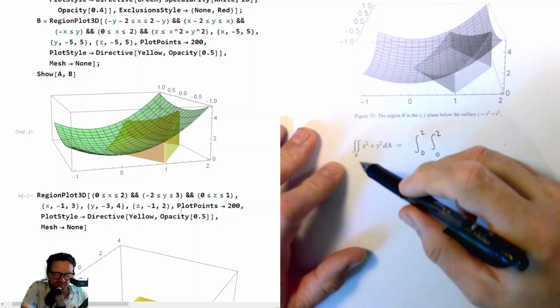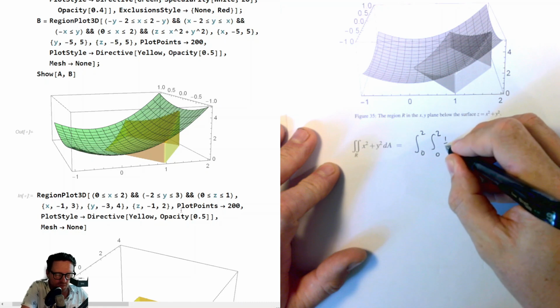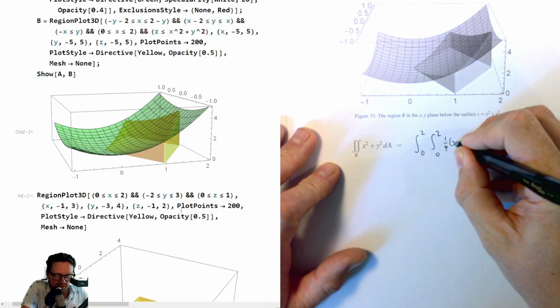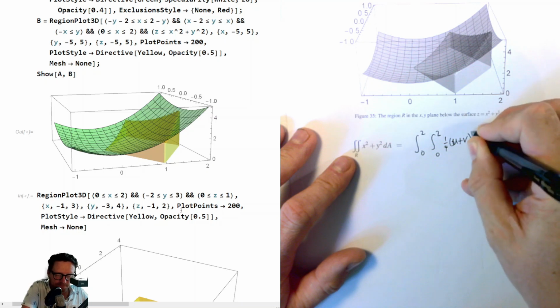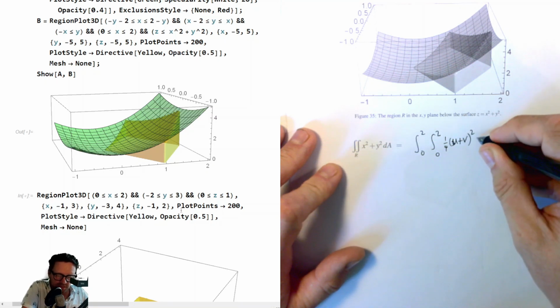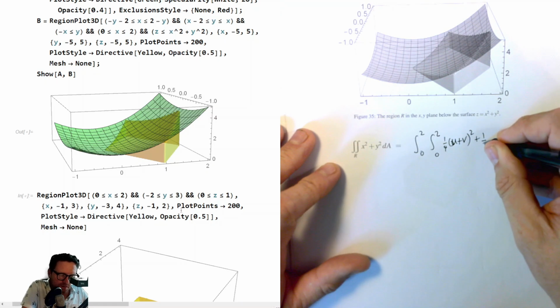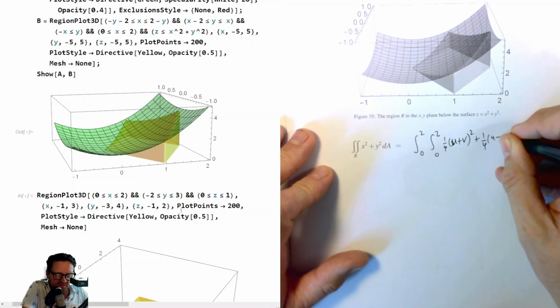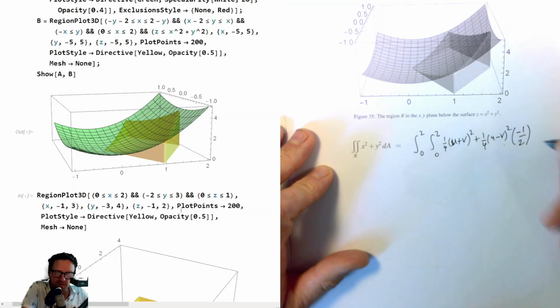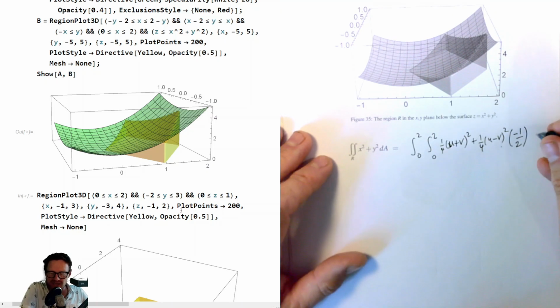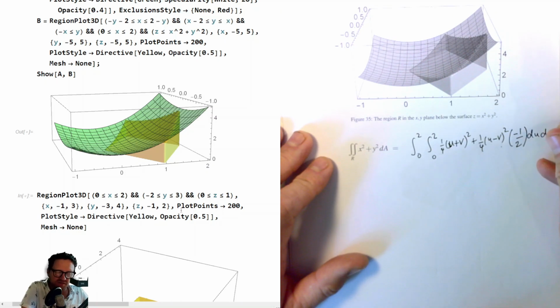Now in terms of u and v, we've got 1/4. So x was u plus v. And then y was u minus v. And then we've got to put in the determinant of our Jacobian. So that was minus 1/2. and then du dv.